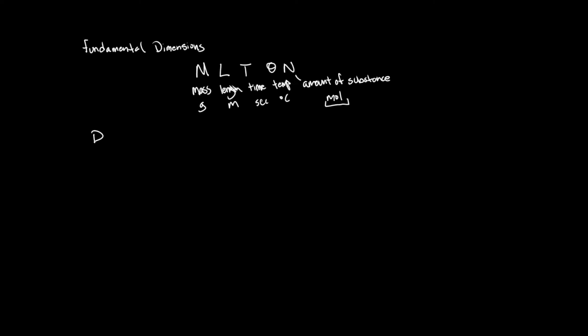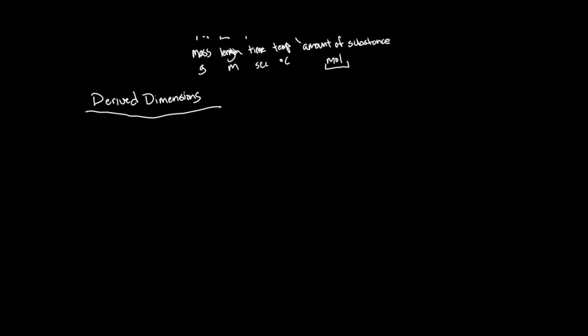Derived dimensions. Man, my handwriting is terrible today. There we go. Let's go ahead and underline these. So derived dimensions. I hope you watched the video before this and familiarized yourself with how exponents work, because we're going to look at that.